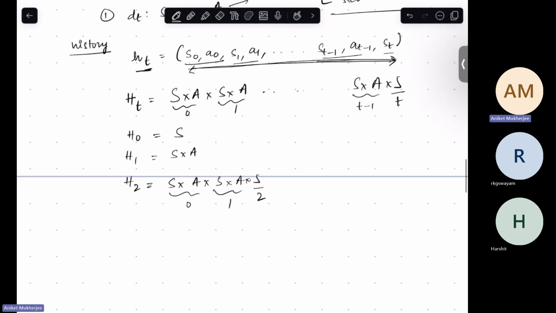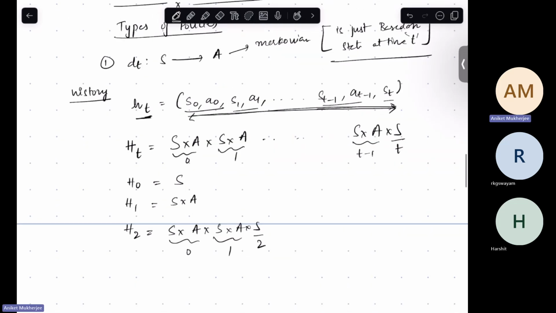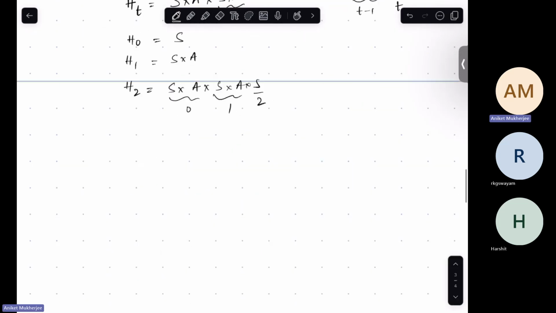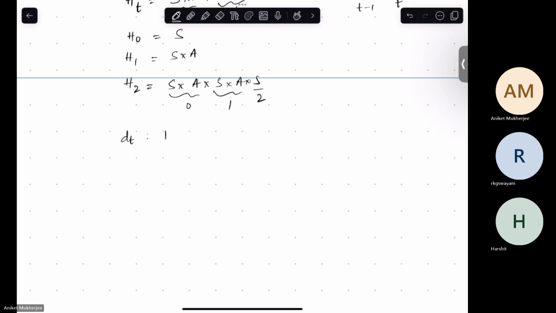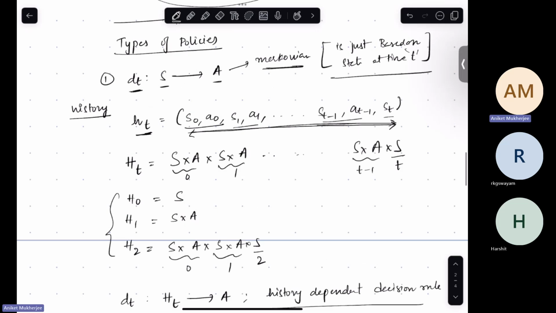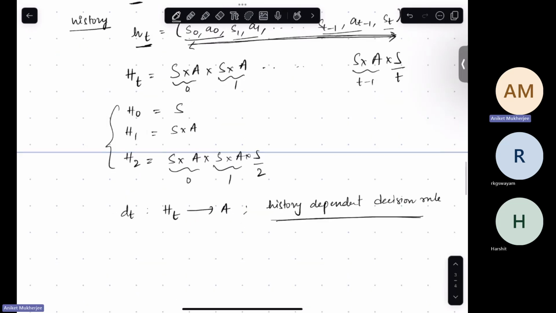Here, if your decision rule just maps your state to action, then we call it Markovian. If your decision rule maps these histories to an action, then it is known as a history dependent decision rule. Both of these decision rules are clear, I think.